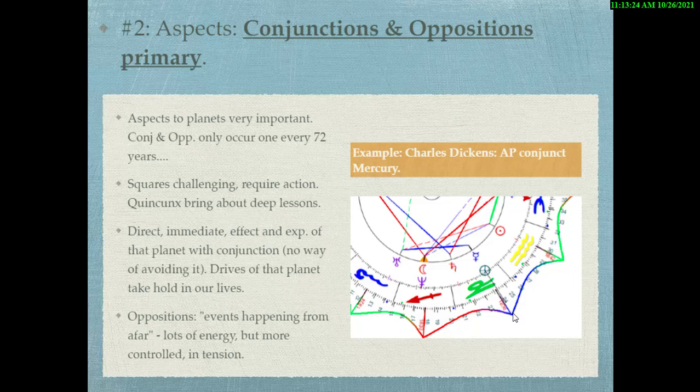It is in the cardinal zone of really strong, capable capacity, outpouring of energy picked up by the environment, on top of Mercury, our way of communicating. He's a writer, and it was also activating that sextile to Uranus.